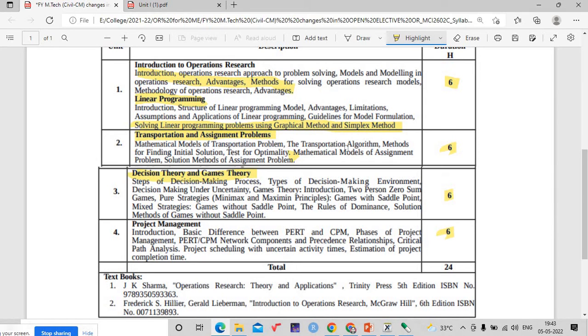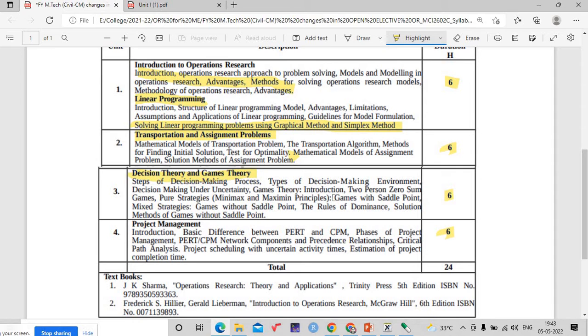For example, suppose I wish to handle supply chain management. That includes the transportation problem of the supply chain as well, and we can handle that problem effectively with the transportation problem.